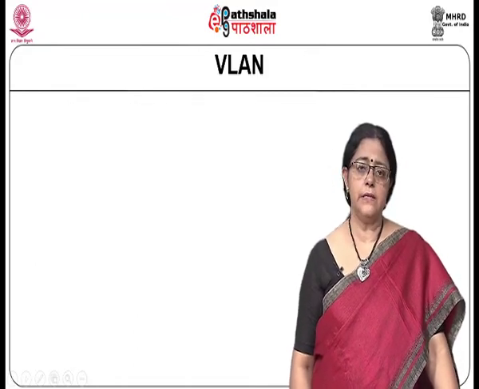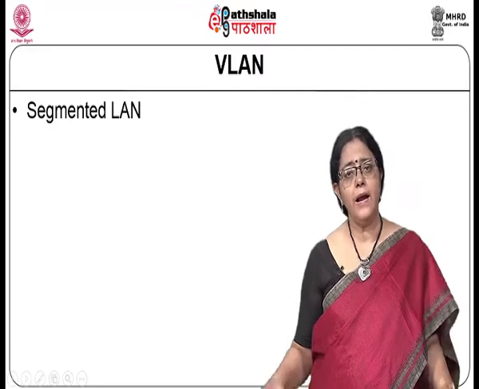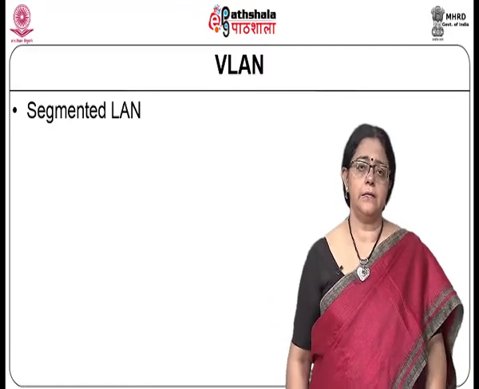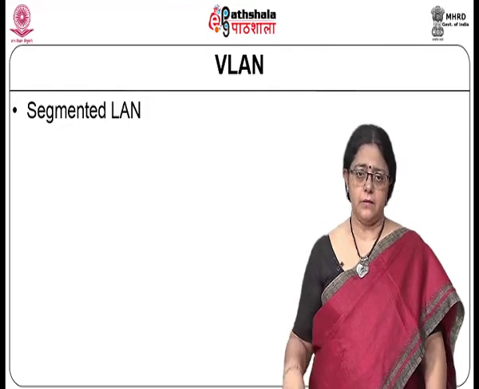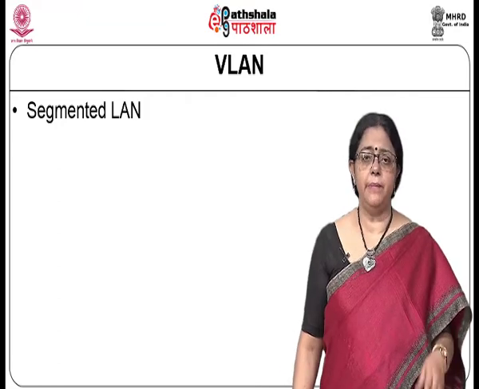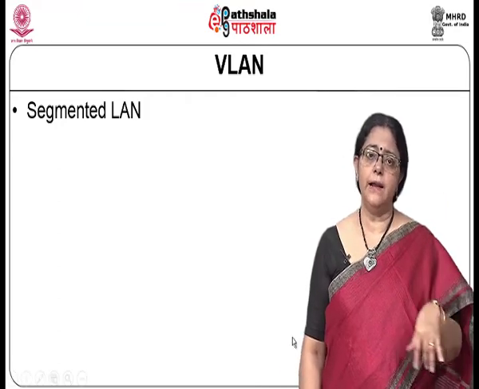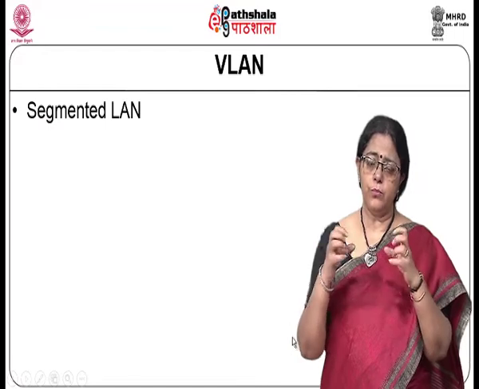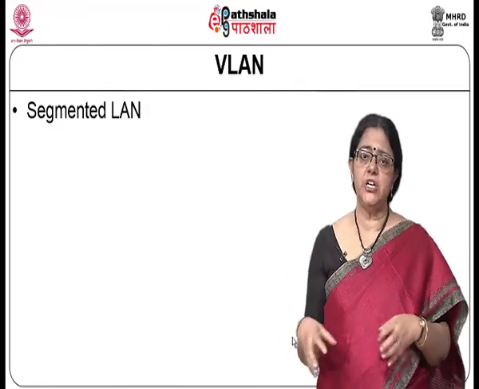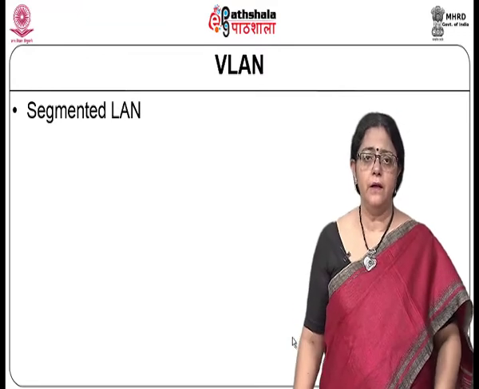The next one is called VLAN. Now, what happens in a cloud is in a cluster there will be many physical machines, and all these will be connected on a LAN. So, every machine in that LAN will be dependent on the bandwidth of the LAN.